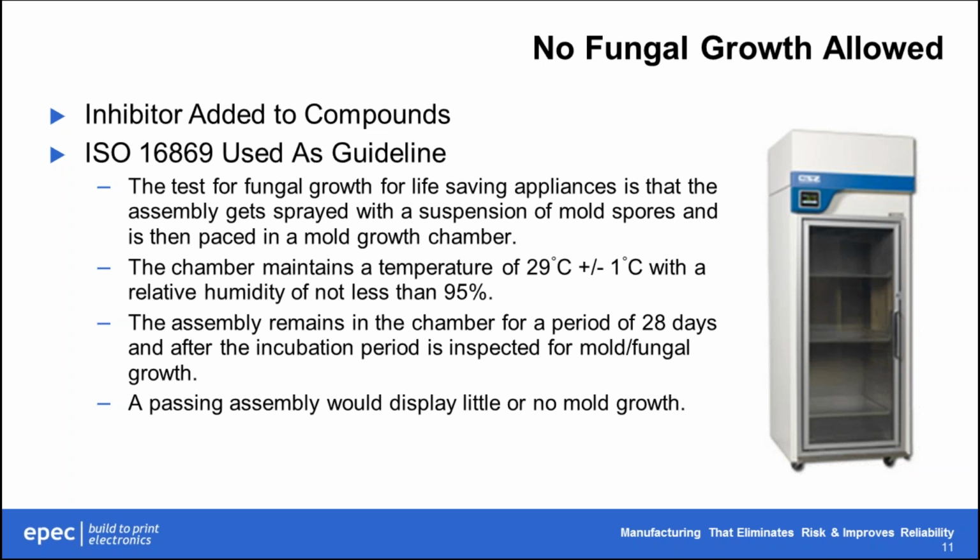The temperature of the chamber was maintained at 29 Celsius with a relative humidity of about 95%. The assembly stayed inside the chamber for 28 days, and after that time period was inspected for mold and fungal growth. If there was little to no mold growth, the assembly was considered as passing the mold growth test.